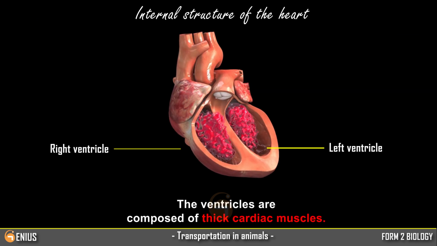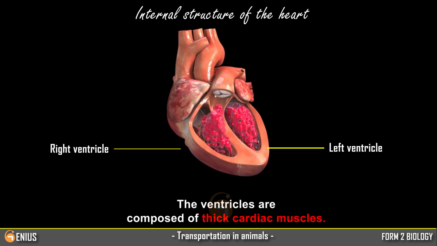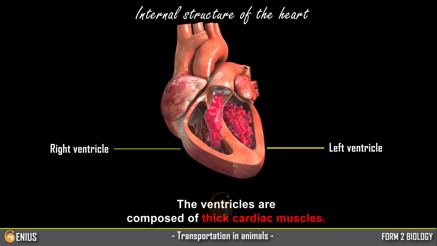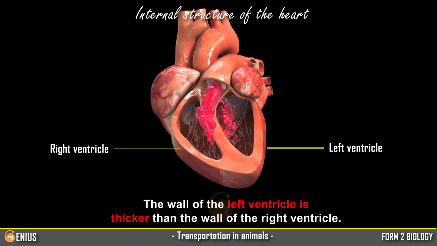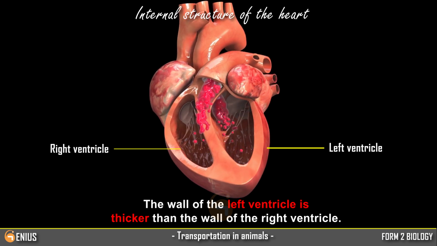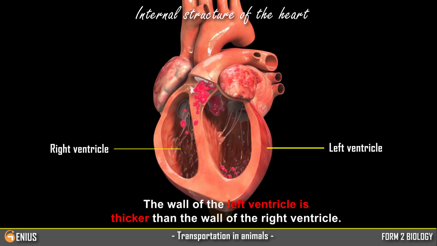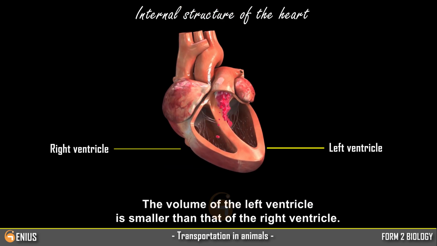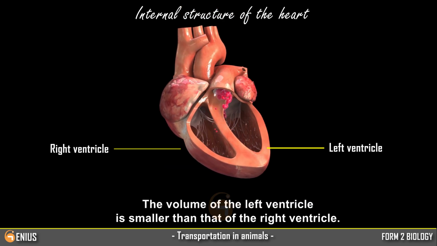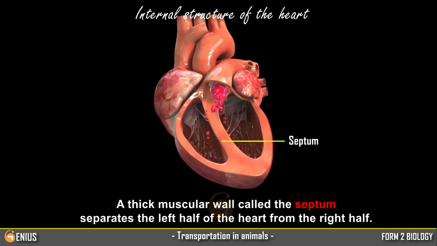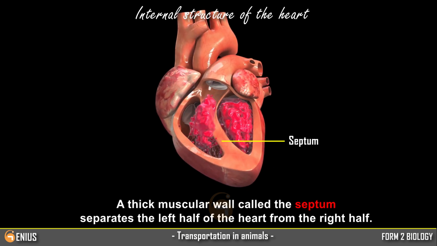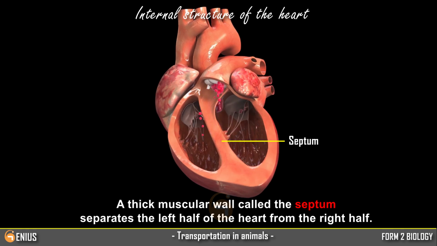The ventricles are composed of thick cardiac muscles. The wall of the left ventricle is thicker than the wall of the right ventricle. The volume of the left ventricle is smaller than that of the right ventricle. A thick muscular wall called the septum separates the left half of the heart from the right half.